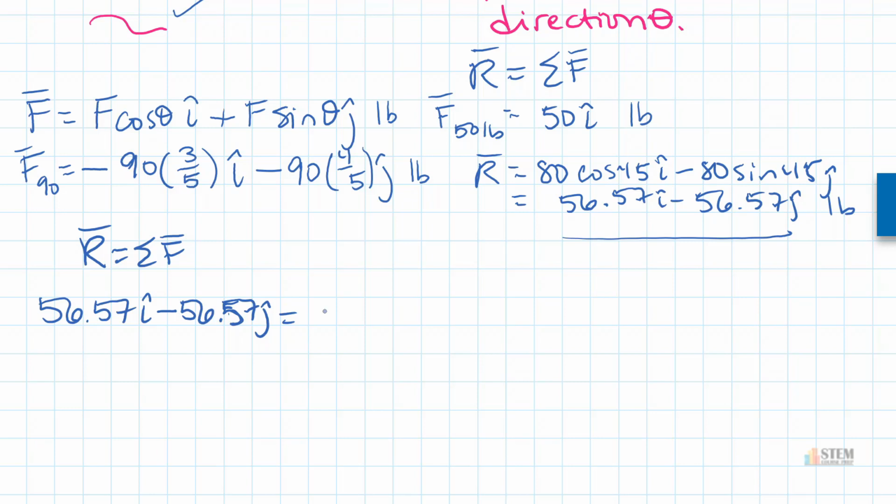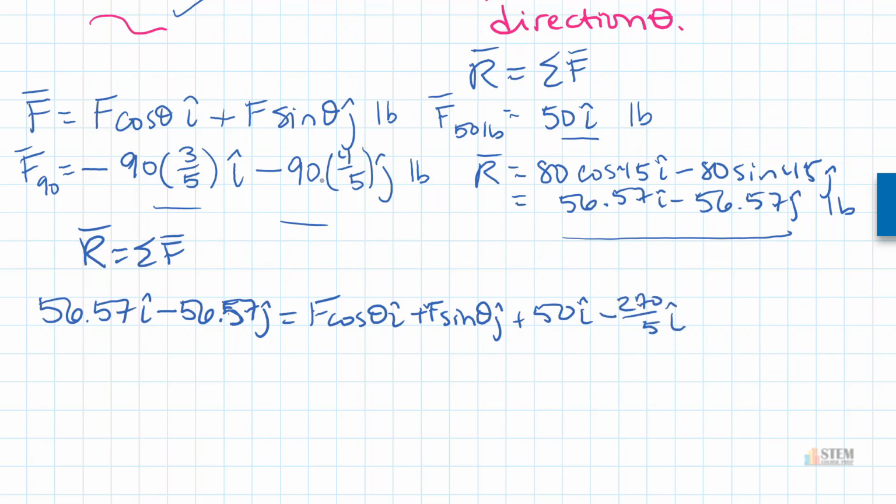So we're going to have F cosine theta i plus F sine theta j. We got our 50i, and then we've got these two here. So minus 270 over 5i, and then we've got minus 90 times 4 over 5.